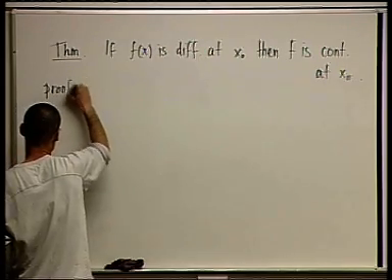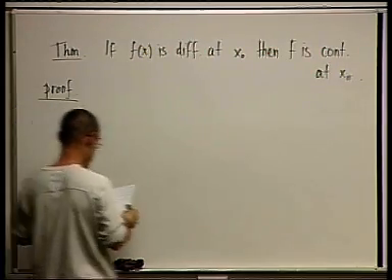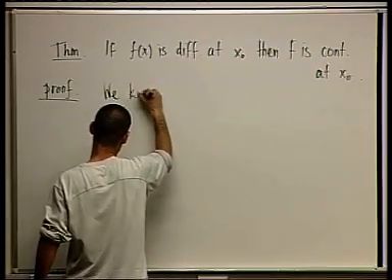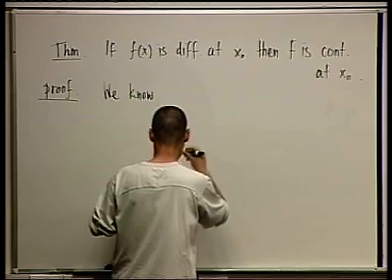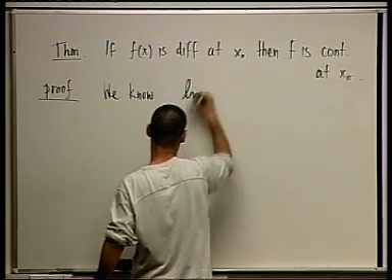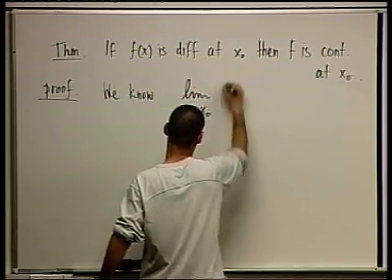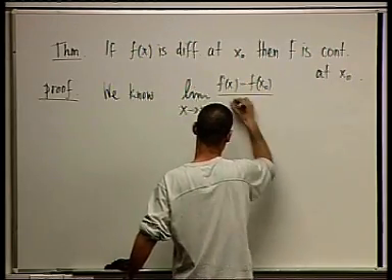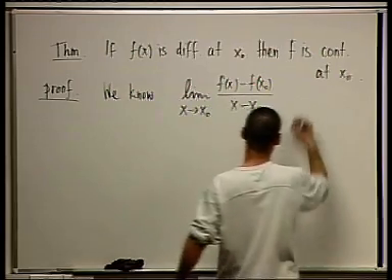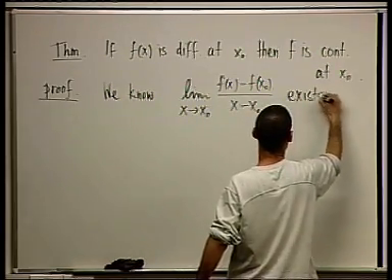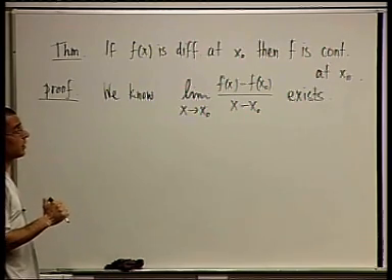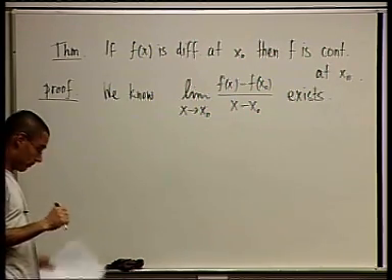Proof. Since we know it's differentiable, the limit as x goes to x0 of f of x minus f of x0 divided by x minus x0 exists and is finite. That's the definition of being differentiable at the point x0, right?